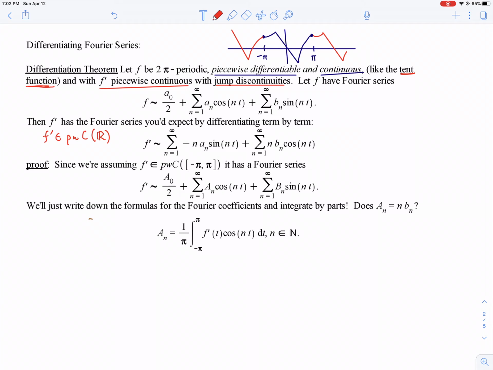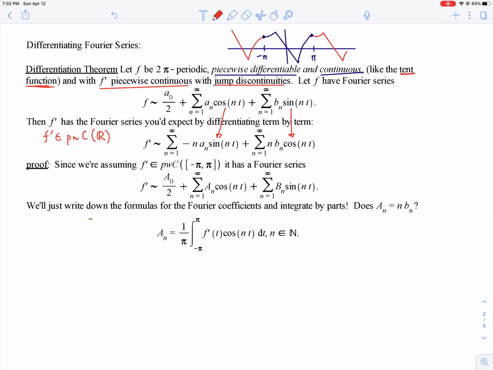So the derivative of cos nt is minus n sine nt. The derivative of sine nt is n cosine nt. So it's a very easy theorem to remember and use as long as you are differentiating a function you're allowed to differentiate.